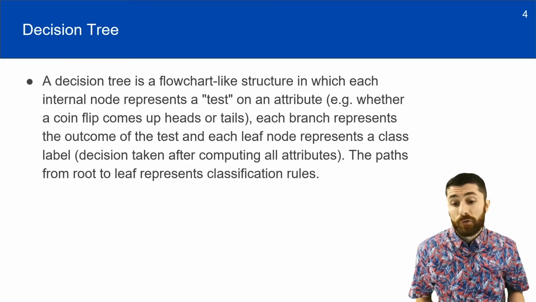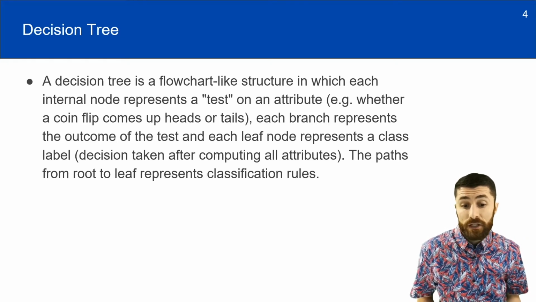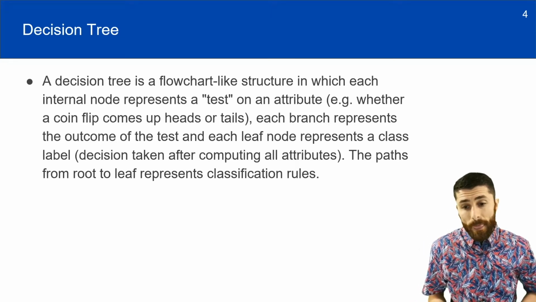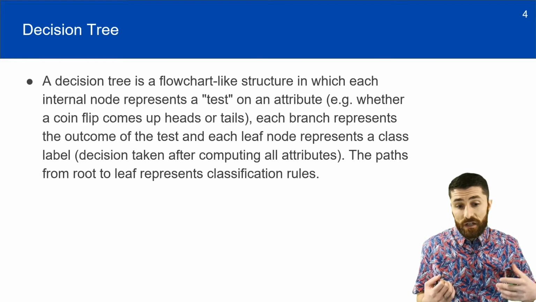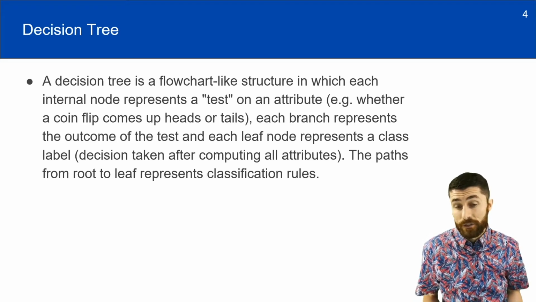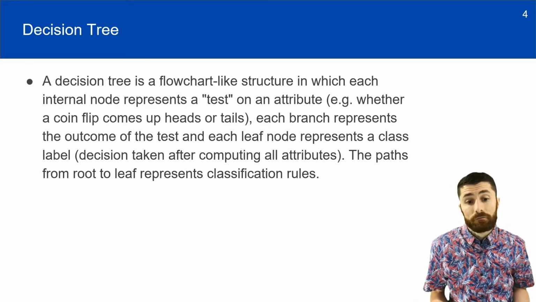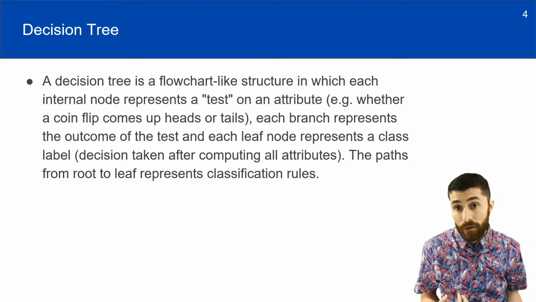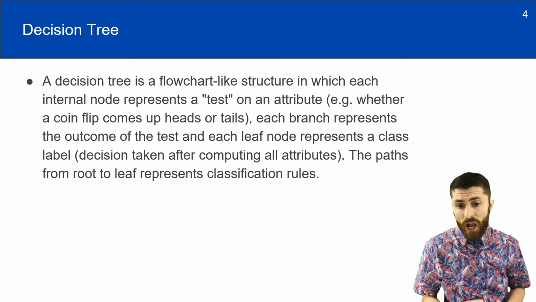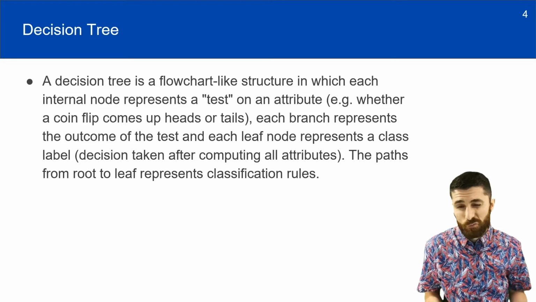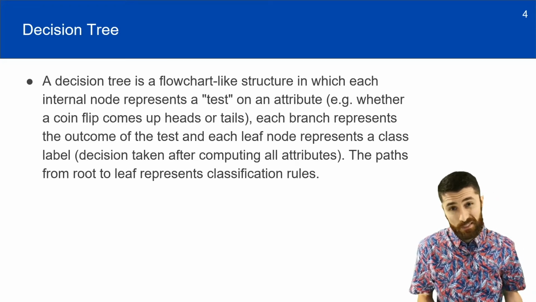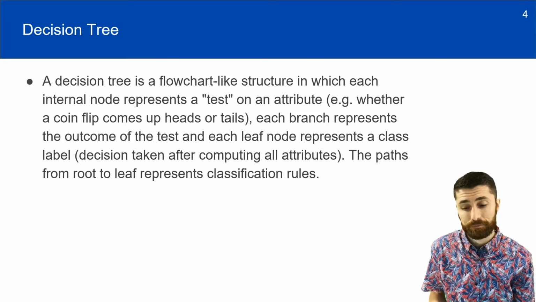The paths from root to leaf represent classification rules. Now, this is a more formal definition of a decision tree, and it's definitely something that you should remember for future use. However, it's a bit terse and doesn't really get to the simplicity of a decision tree.